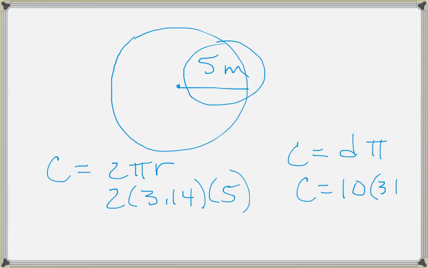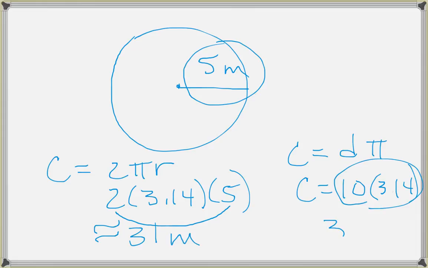And we could use that number in our formula. So either way, we're going to get the same answer. So over here on the left, 10 times 3.14 is 31.4. That's approximately 31 units, which is meters. Same thing over here. 10 times 3.14 is approximately 34 meters. So you're just substituting the numbers into your formula.